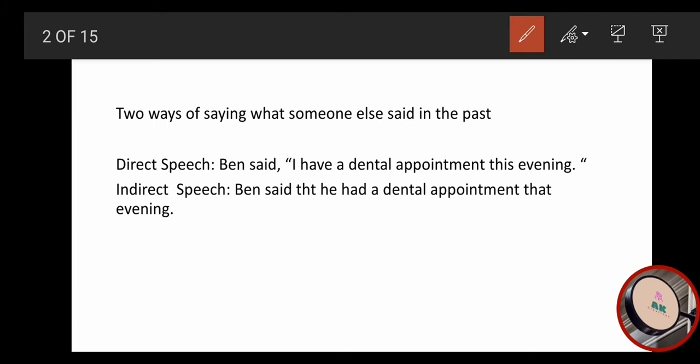Here Ben said, and what's compulsory? Yes, "that". Ben said that I... Ben is male, so you have to use "he". Ben said that he had a dental appointment that evening.